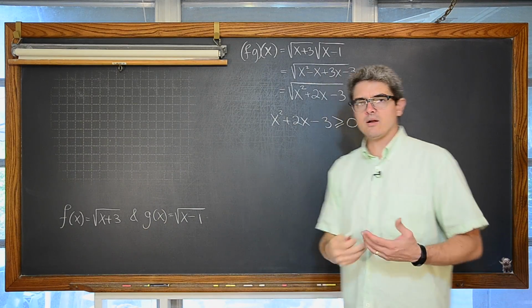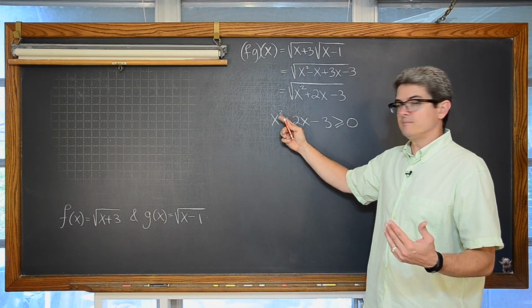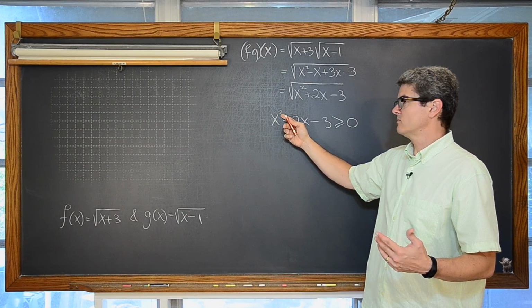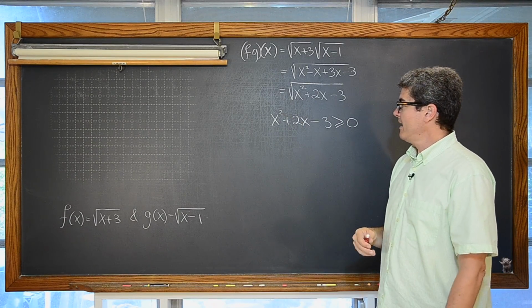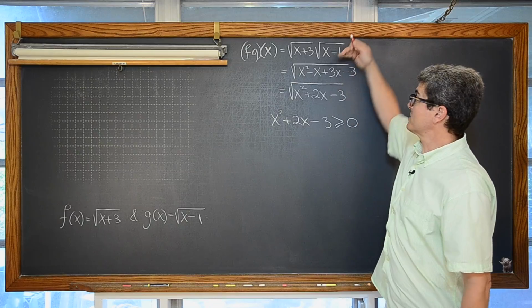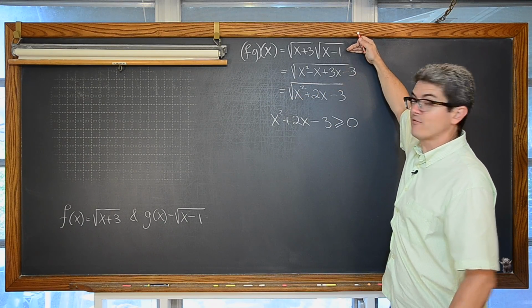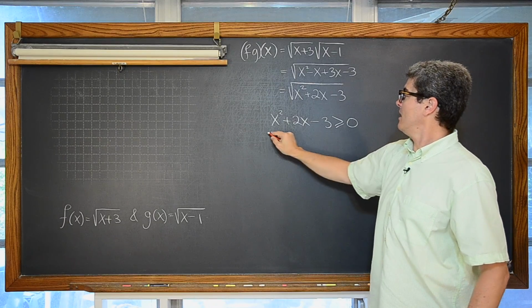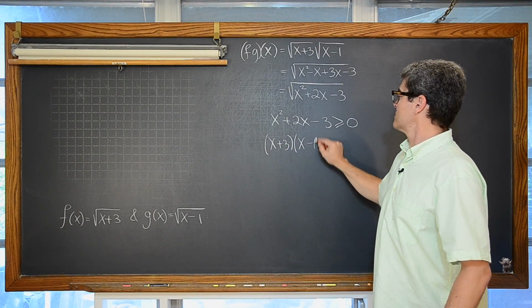So we need to remember how to solve basically quadratic equations, second degree equations. And we can do that by factoring, which should be pretty simple because we actually got this x squared plus 2x minus 3 from the two factors of x plus 3 times x minus 1.